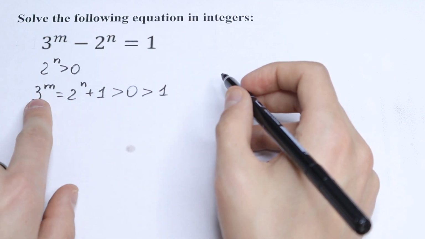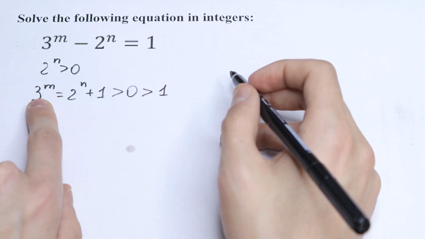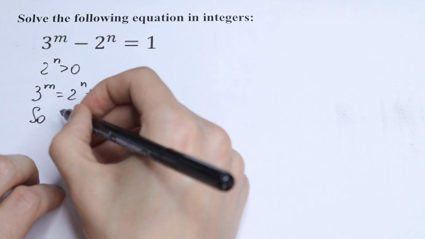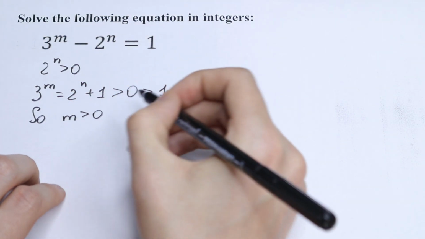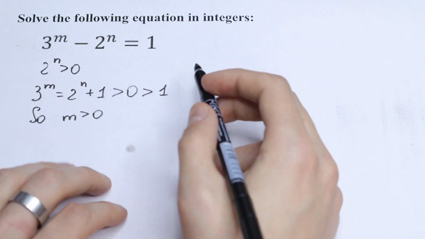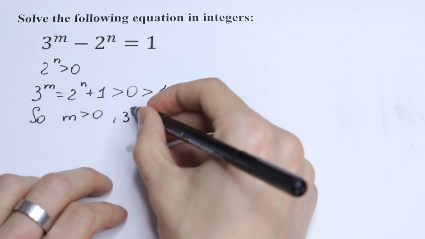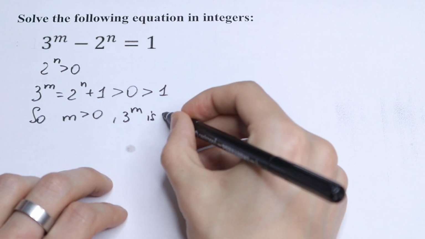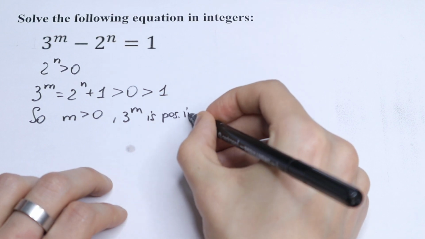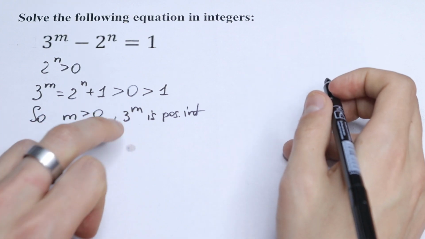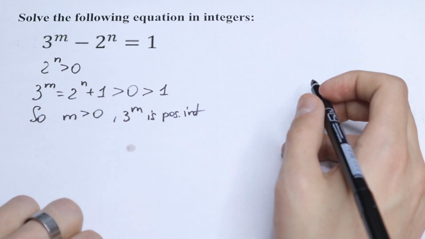So m is greater than 0. So m is a positive integer, and 3 to the power m is a positive integer as well.